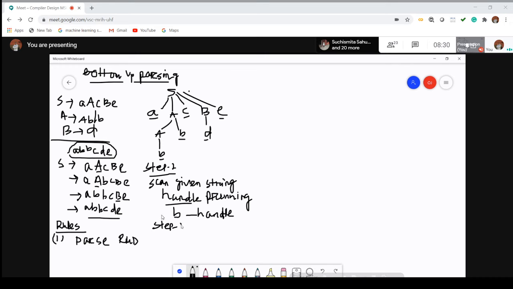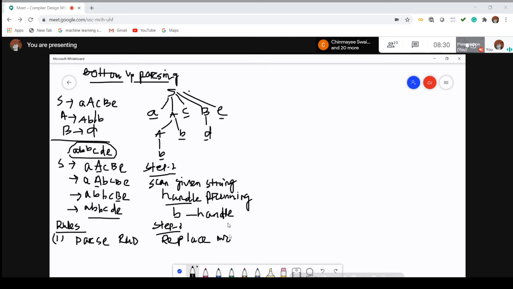Step number 3 is to replace the handle. Replace the handle which was chosen in step number 2 by its corresponding non-terminal symbol.